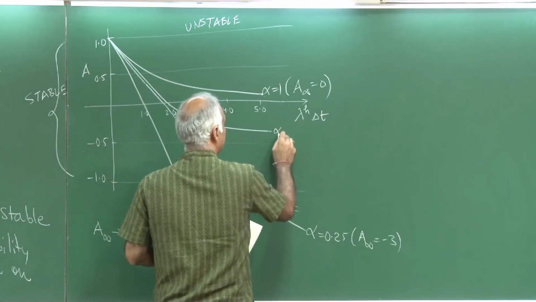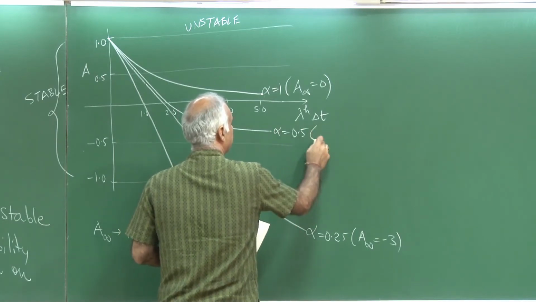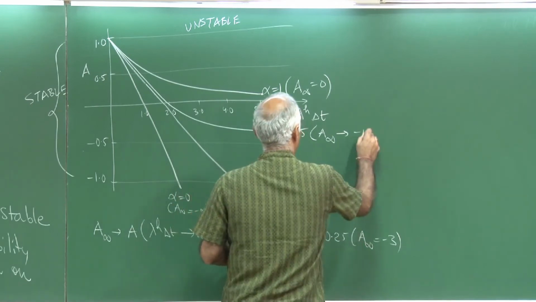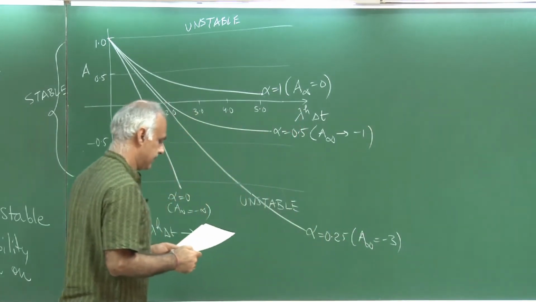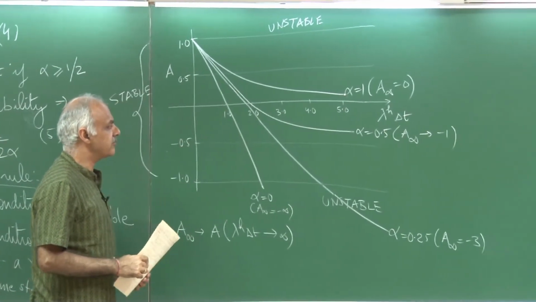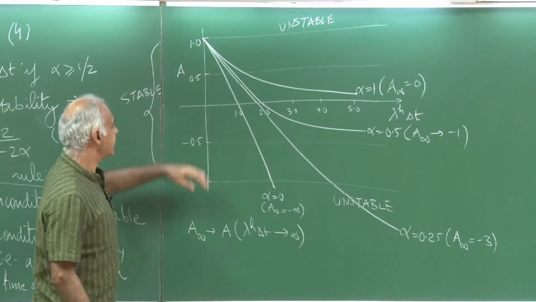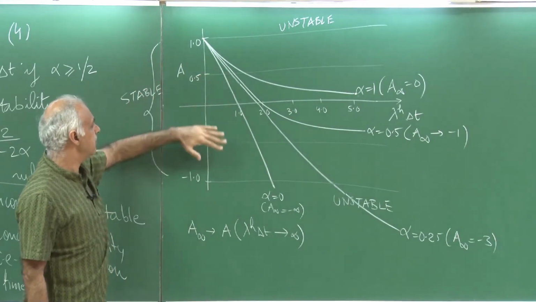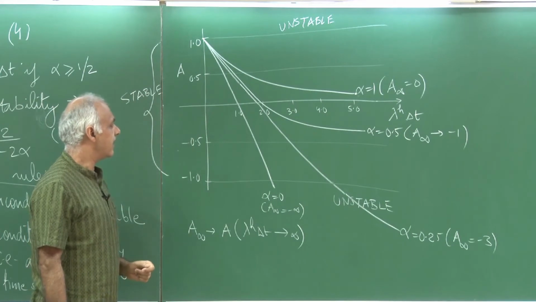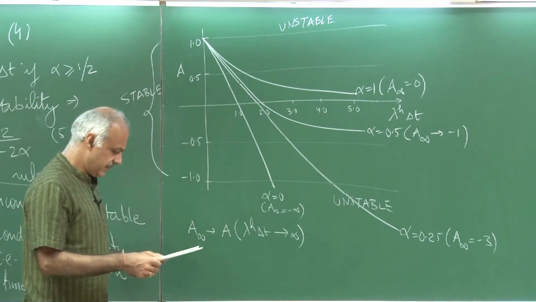So this is alpha equal to 0.5, and A infinity tends to -1. Okay. So one can draw sketches of different values of alpha. Now the interesting part is the oscillation you get between positive and negative A. Okay. So I want to give you some pointers on that.